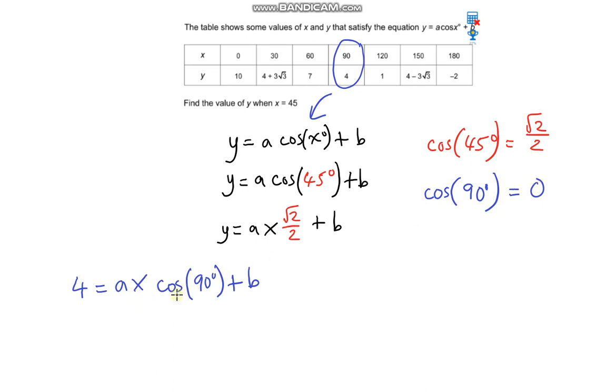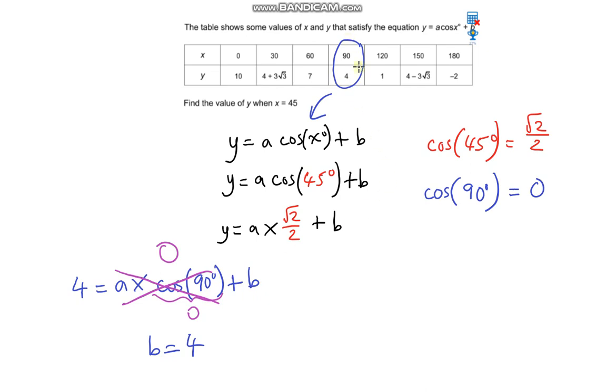So a times 0, well, it doesn't matter what a is, because anything times 0 is just 0. So all of that will just be 0. So all we're left with is 4 equals 0 plus b. Therefore, b must equal 4. 0 plus 4 gives us 4.